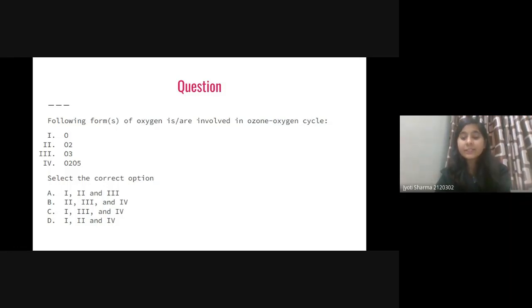Because the formation and the destruction of ozone will lead to the formation of some chemical or oxygen species. So you have to tell me what form of oxygen we are talking about in the ozone oxygen cycle. So yes, the answer should be A, that is first, second, and third.